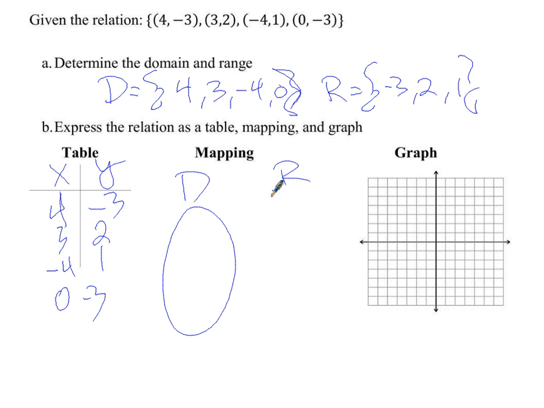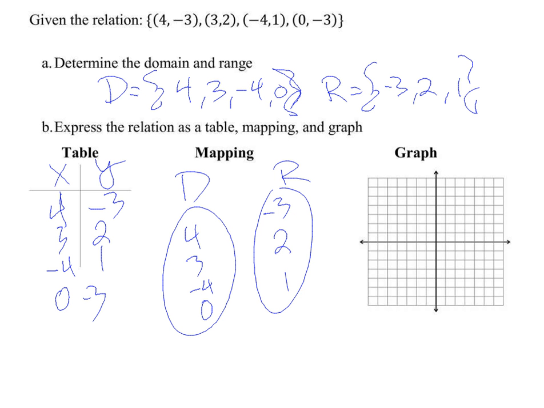These are called ovals. Okay? Somebody else. That's it? Okay. Now what?